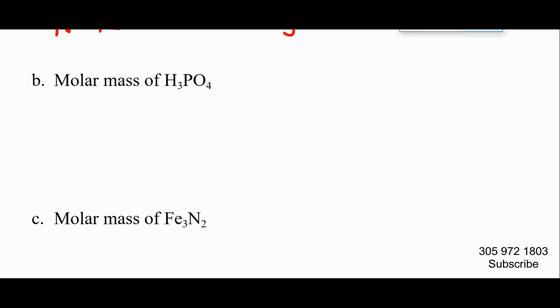Part B says, find the molar mass of H3PO4. So what I have is H, I have 3 times. I will find its mass. P, I have it once. And oxygen, or O, I have it 4 times. Let's go back to the table.